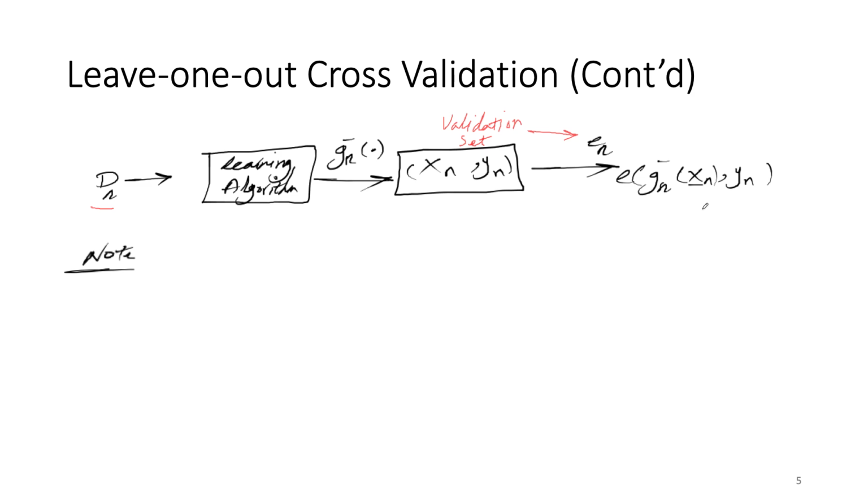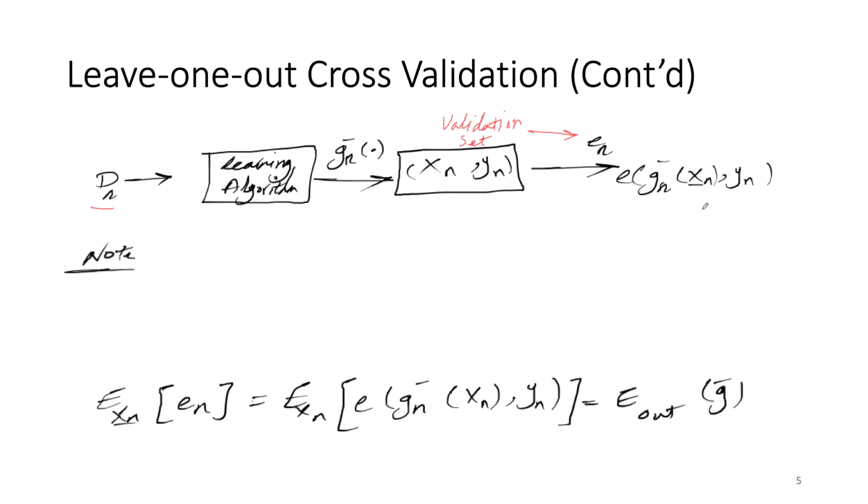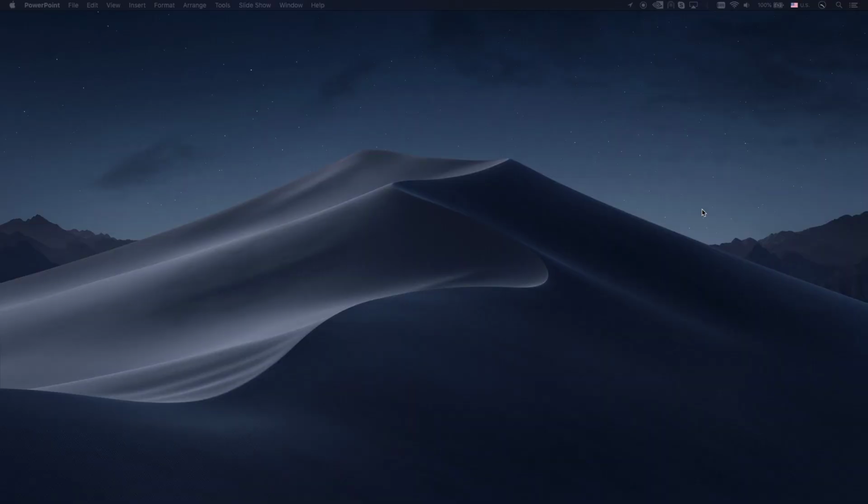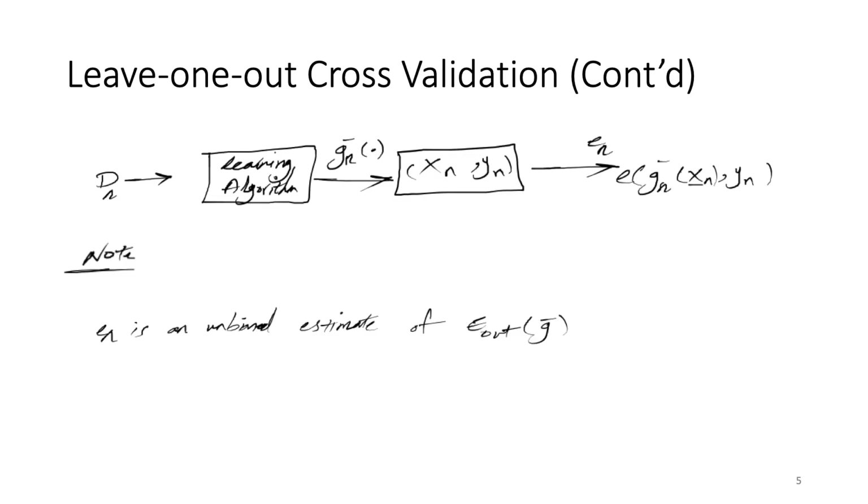Just like in any other validation technique that we saw, we assume that En is an unbiased estimate. That was what we discussed two lectures ago. It should be unbiased because it's coming from a uniform distribution. It's IID. So we assume that En is an unbiased estimate of the real test error.